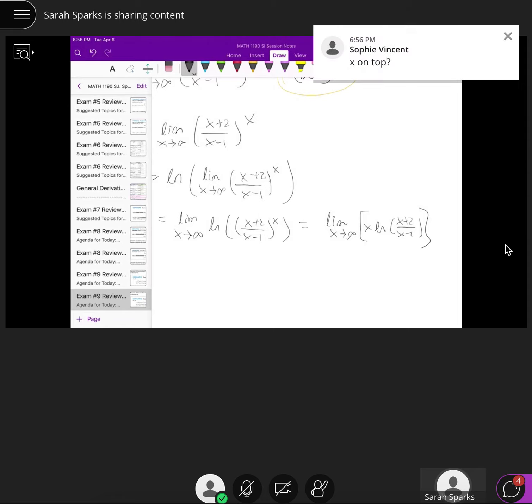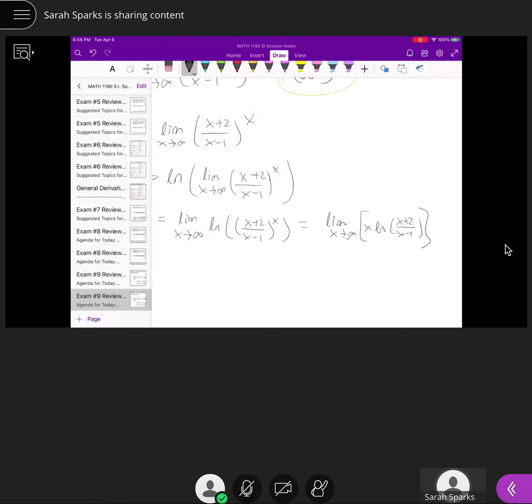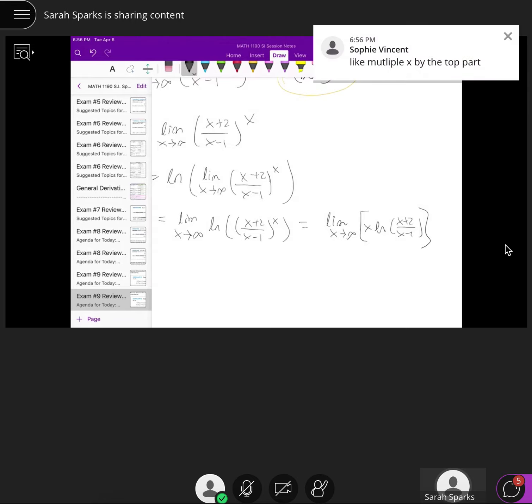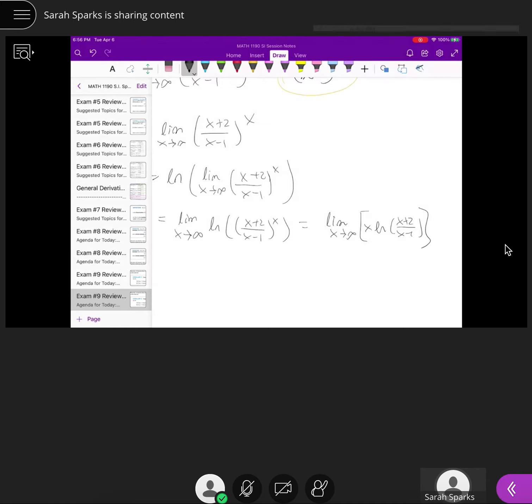X on top. I think I understand what you're saying, but there's nothing more that we can do from x times the natural log unless we wanted to bring it back into this exponent area.